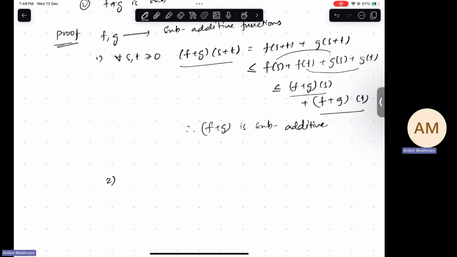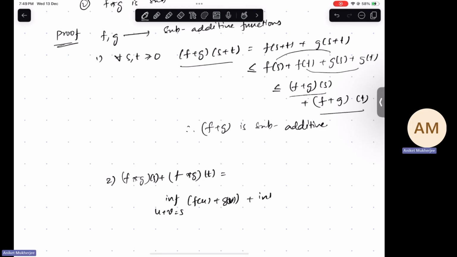So second is convolution. For convolution we'll do the reverse. So we'll do f convolution g at s plus f convolution g at t, right? We'll write the second definition of convolution which we have heard, which is inf over u plus v equal to s of f(u) plus g(v), plus inf over w plus z equal to t of f(w) plus g(z).